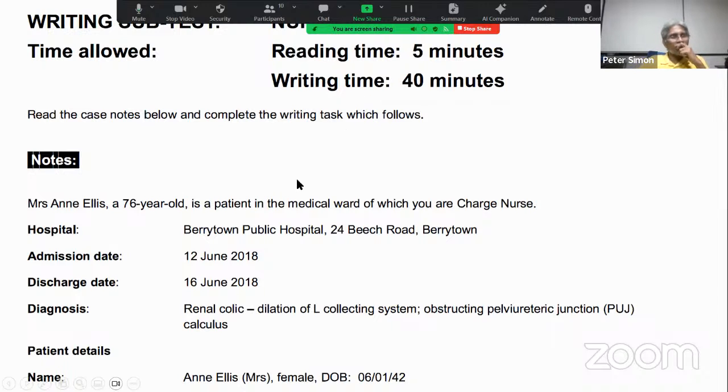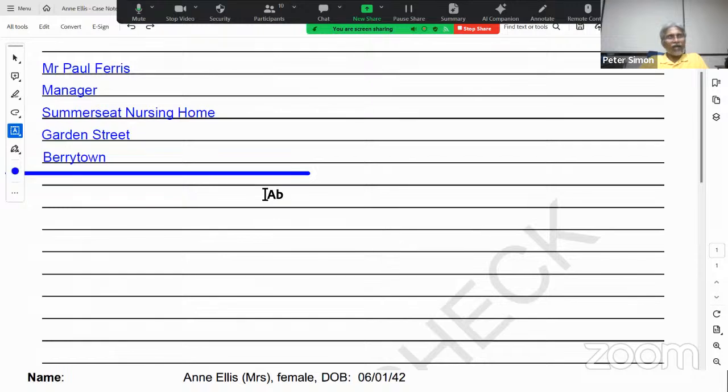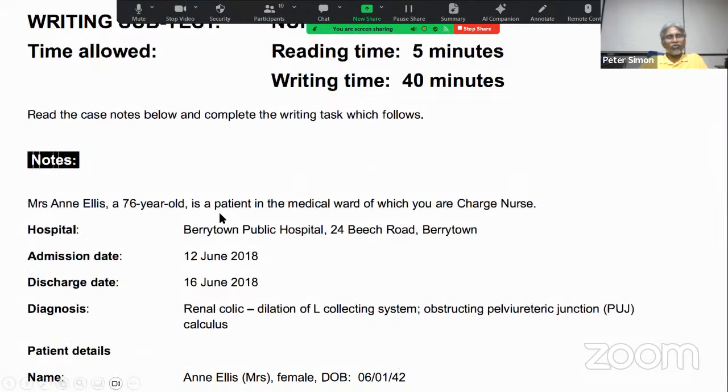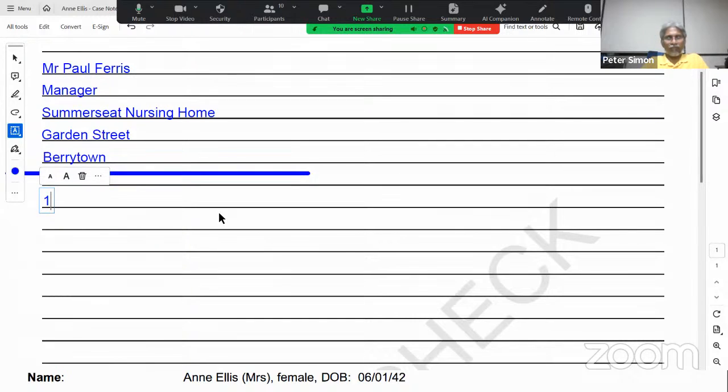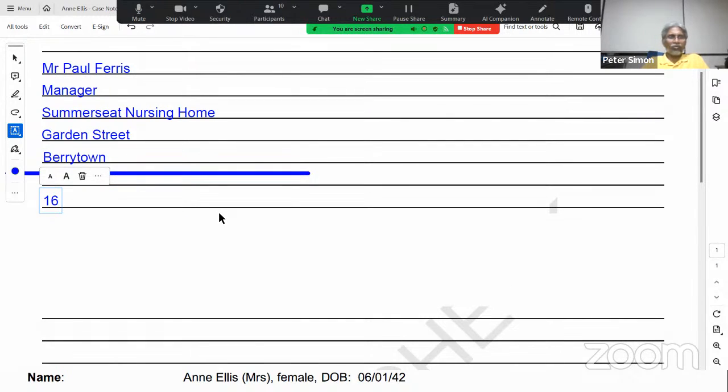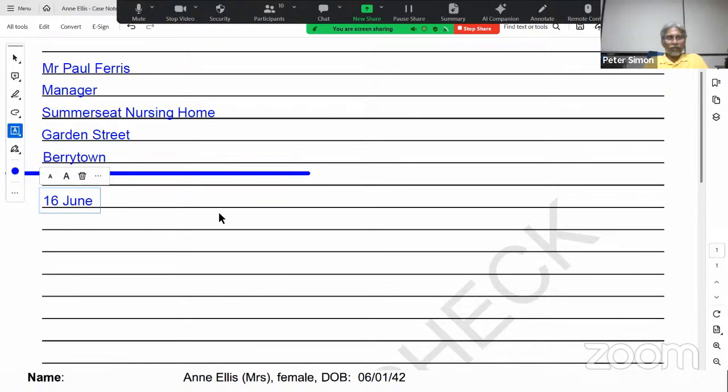There is no question regarding this. So this is 16th June 2018. We are going to write this one. 16 June 2018. Again, margin should be maintained. 16 June 2018. Like that you have to write. Now see, again, you have to write from the beginning. First dot. Right.